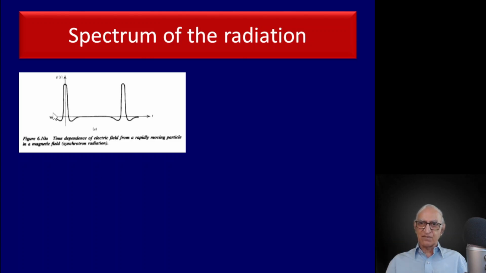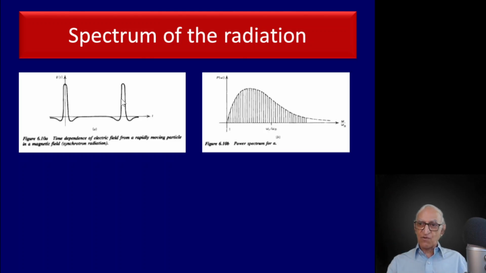So instead of being a simple sine wave, I will have pulses. The electric field will be in pulses. And if I Fourier transform that, you will find all kinds of harmonics. You will find not only the fundamental, but all kinds of harmonics.